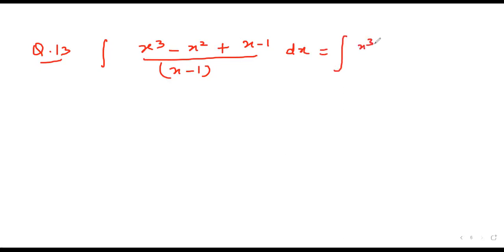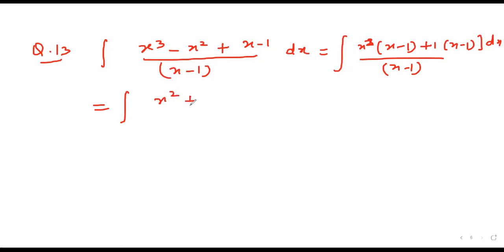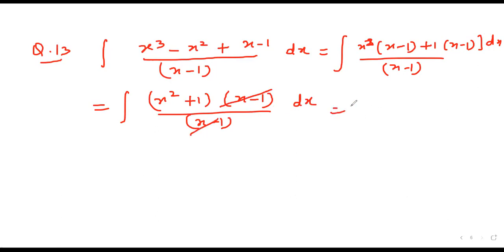That will become, if we take x square common, then x minus 1 will be left, and plus 1 times x minus 1, whole dx divided by x minus 1. So it will become integration (x square plus 1) times (x minus 1) divided by (x minus 1) dx, and x minus 1 will cancel out. So we will get x square plus 1 dx. That will give x cubed by 3 plus x plus c.